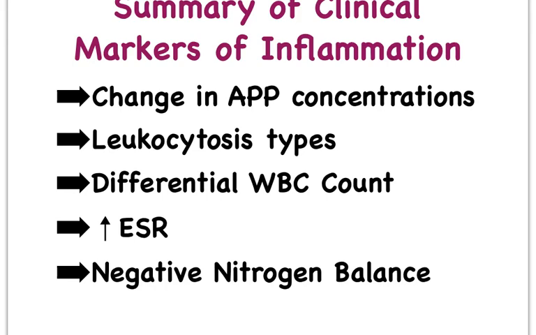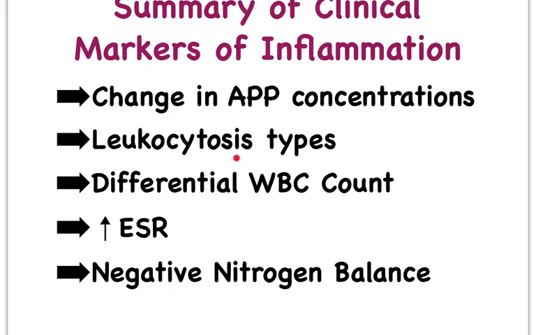One of your course objectives clearly states that you need to have a good feel for what the clinical markers of inflammation are. So I have nicely listed them for you here. Remember, we're going to see an increase in positive AP proteins and a decrease in negative APs.